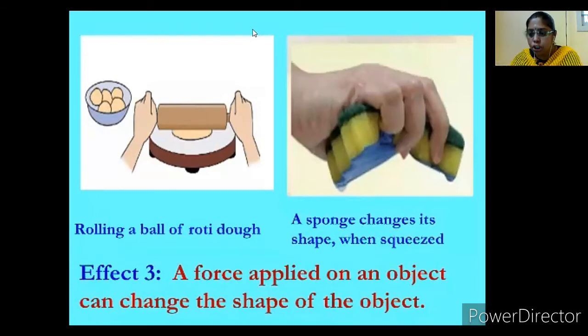This change in shape is due to the force applied by the rolling pin on the dough. Next example, when you squeeze a sponge, its shape changes.